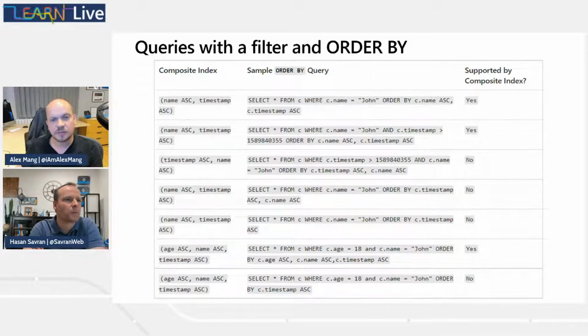And there are definitely some considerations to take into account when you're creating a composite index, which is obviously, again, just to optimize the query with a filter and an order by clause. For instance, if you do not define a composite index on a query with a filter on one property and a separate order by clause using a different property, the query will still succeed, but the RU cost of the query will be higher than if you had a composite index, particularly if the property in the order by clause has high cardinality.